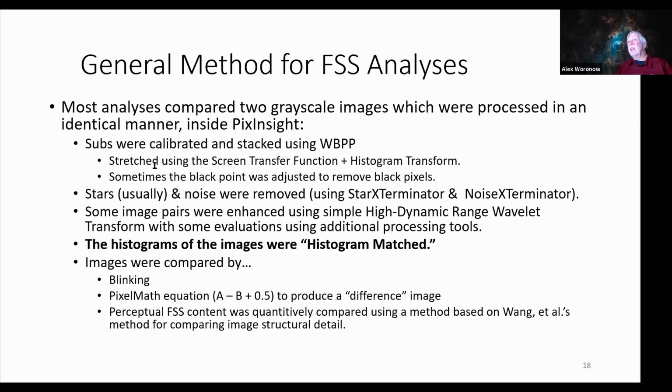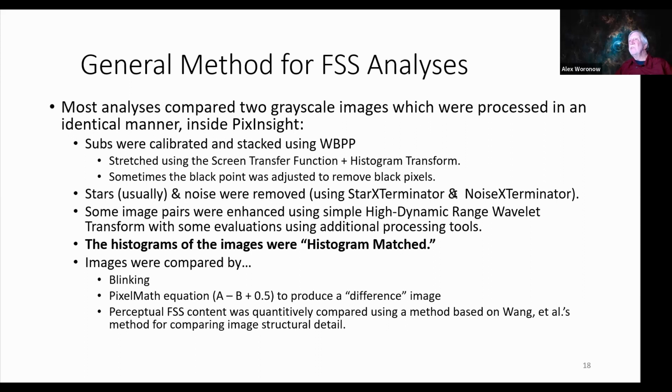The screen stretch, I keep as simple as possible. The screen transfer function through a histogram transform stretches the images. Sometimes I adjusted the black point a little bit if there was some room to do that. Stars and noise were removed when they were in the images, using Star Exterminator and/or Noise Exterminator.